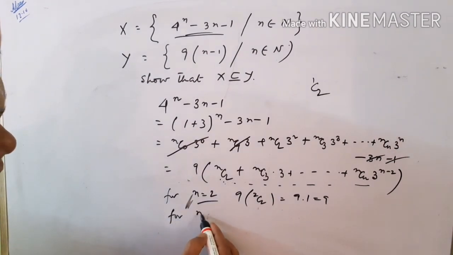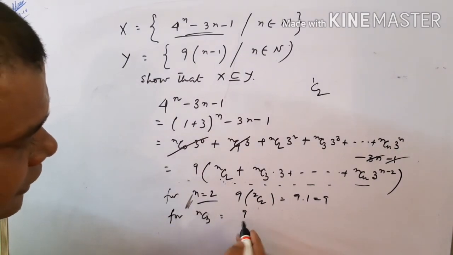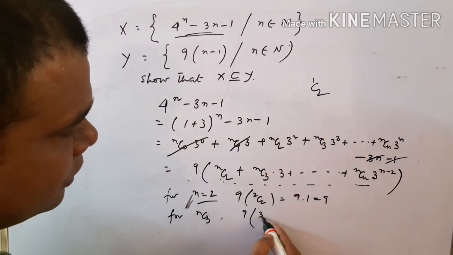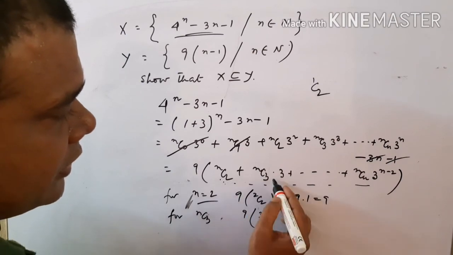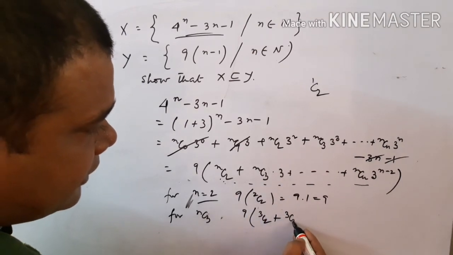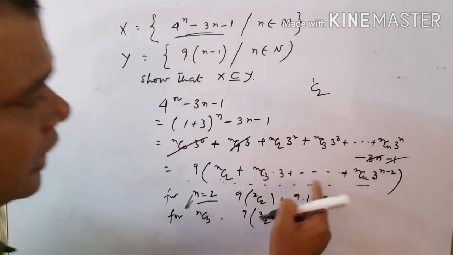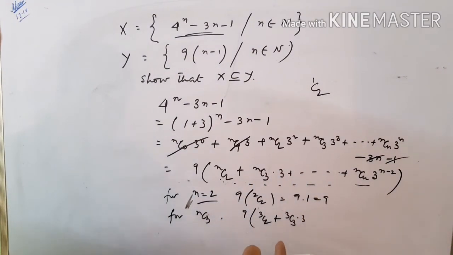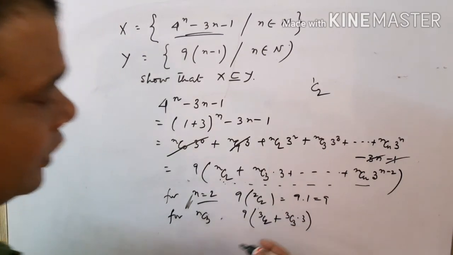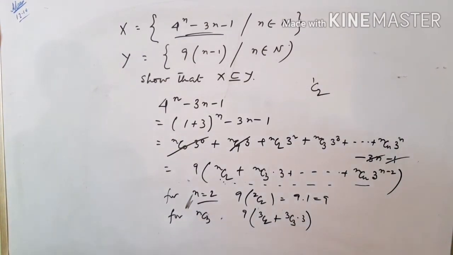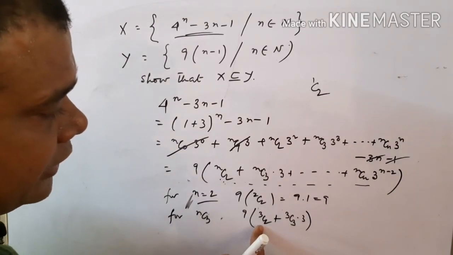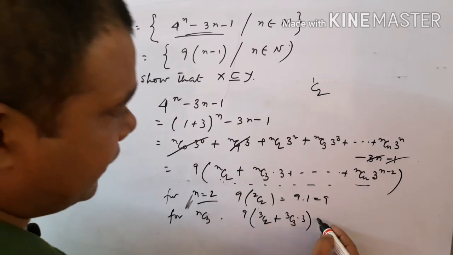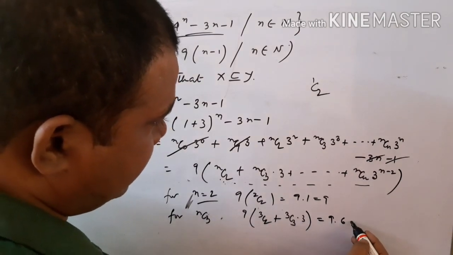For n equals 3, we take only the existing binomial coefficients: 9 into (3C2 plus 3C3 into 3), and then the next term is 3C4, which will not exist. So we take up to this part. 3C2 has value 3, 3C3 has value 1, 1 into 3 is 3, 3 plus 3 is 6. So 9 into 6, in this way.